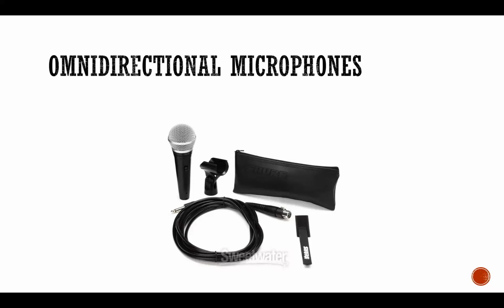The great thing about a model like this is it tends to guard against things like wind noise, and less popping from your P's and your T's and your B sounds. And you also have less handling noise, and you can use these upside down as well as right side up. So they're very useful in field recording if you can add one to your kit.